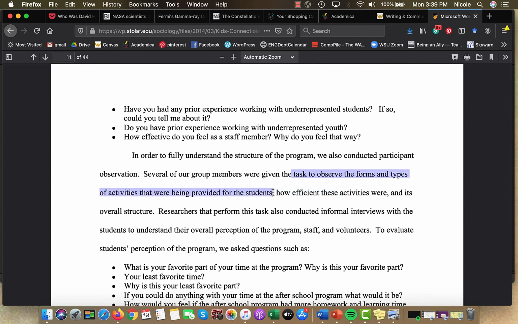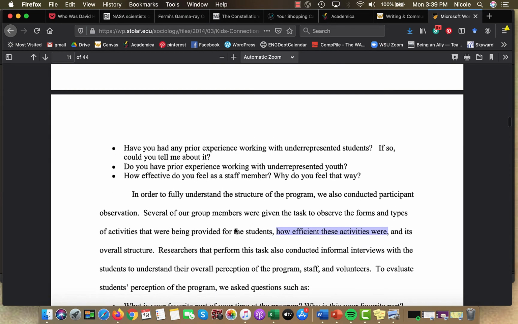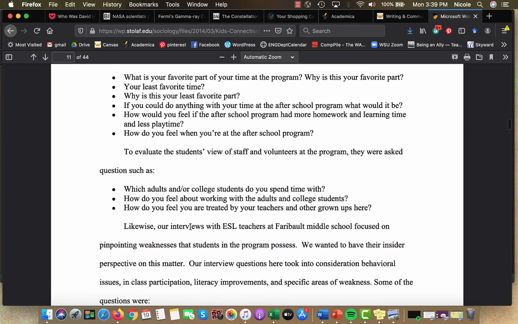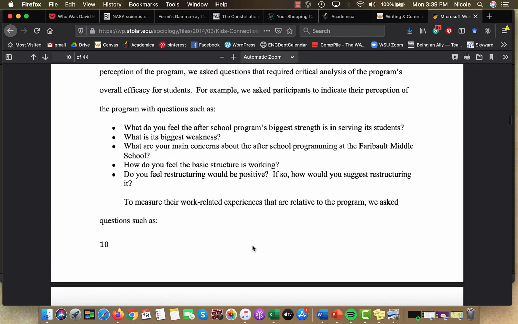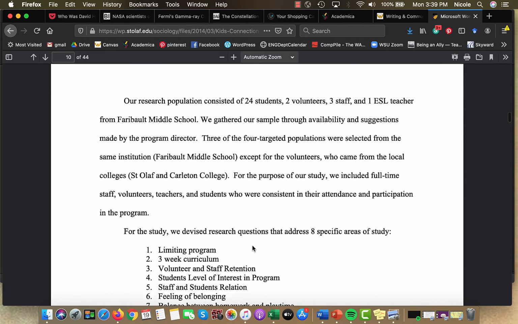Where were these observers? How were they gauging what efficiency looks like? So there could be a little more detail here and maybe a little more explanation of rationale for these questions.